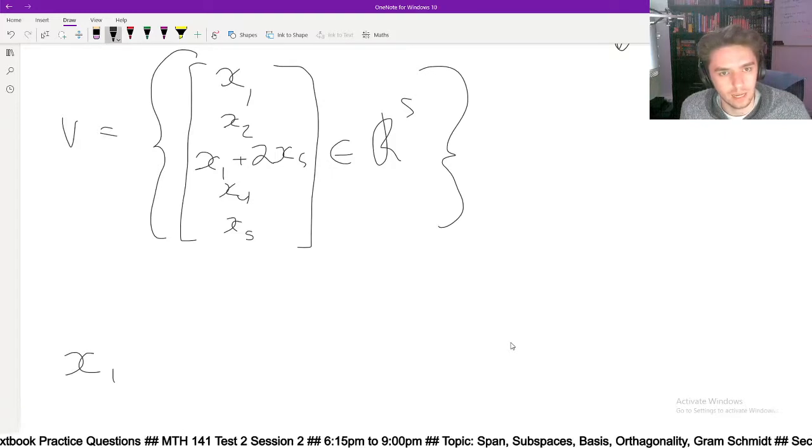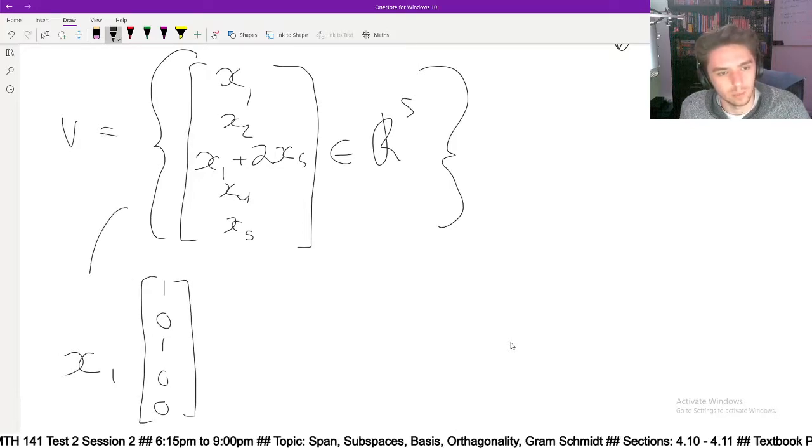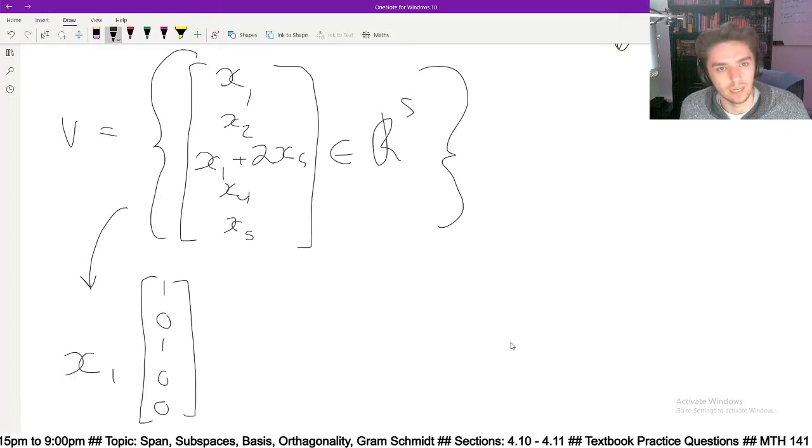x1 times (1, 0, 1, 0, 0). I didn't use the right words to go from here to here, but hopefully you can see what I'm doing. All the rows with an x1 in it get a 1.